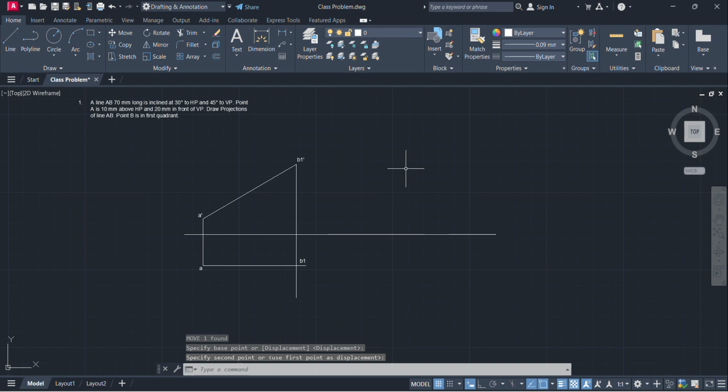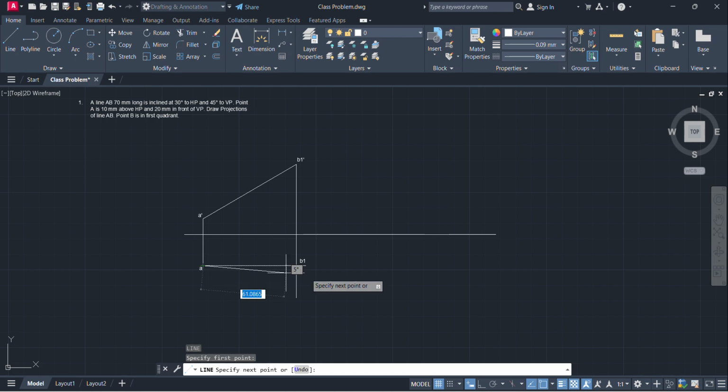Now once I am done with this, I will move to the second condition where the inclination of the line is given with the VP. So I will start the line from point A. Again, I will be drawing its true length, that is 70 mm, and this time the length will be inclined at 45 degrees to XY line.